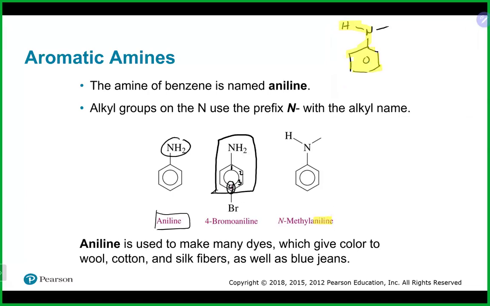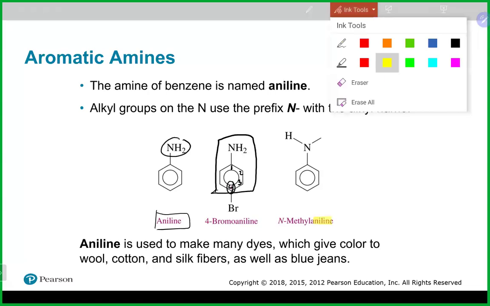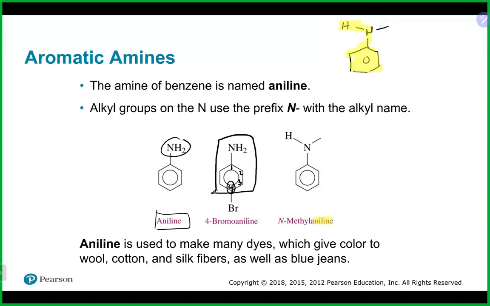But we also have here another group, which is this methyl, and that's the methyl group that's hanging there. And you might notice that a little bit different in terms of how we give the location of that methyl group. Because that methyl group is not attached to a carbon, we actually don't use a number, right?